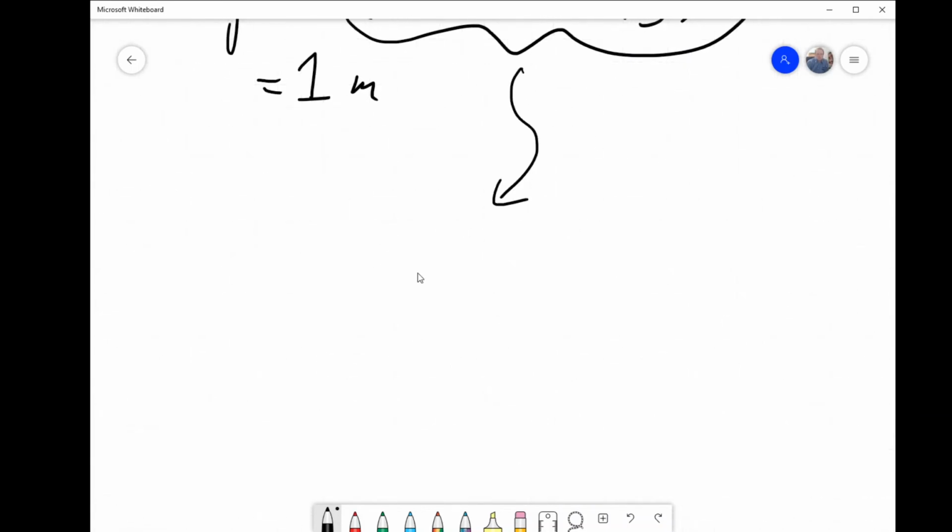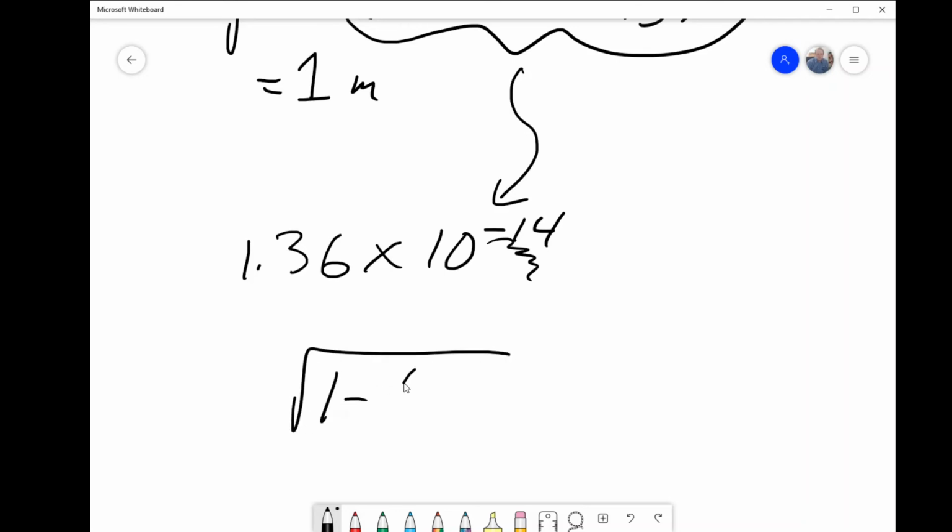Because this fraction is so slight, when we square just this piece in brackets, that actually gives us a number of roughly 1.36 times 10 to the negative 14. So if we're going to measure this, even to 3 decimal places, then the square root of 1 minus v over c squared, we can tell by the function that it's always going to be less than 1.